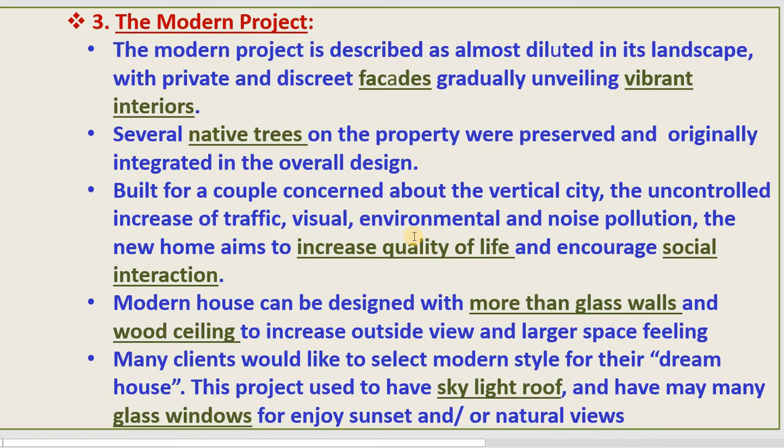And they usually increase quality of life and encourage social interaction. A modern house can be designed with glass walls and a wood ceiling to increase the outside view and large space freely. Many clients like to select the modern style over a trim house, with a skylight roof with glass windows to enjoy sunshine and natural view. But they focus more outside.